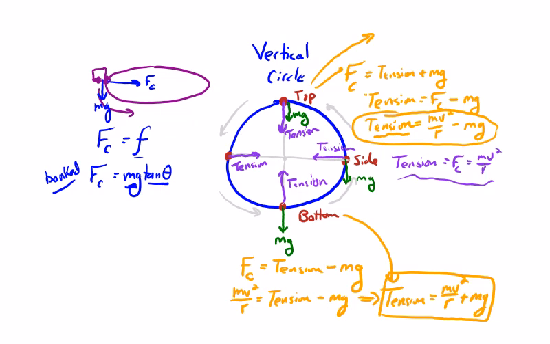And so if we do the extreme, in other words, the slowest you can possibly go, your minimum velocity is where the tension actually equals zero.